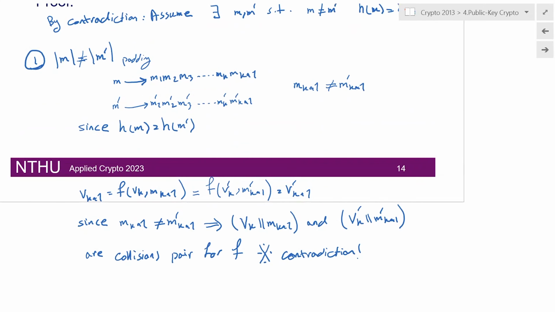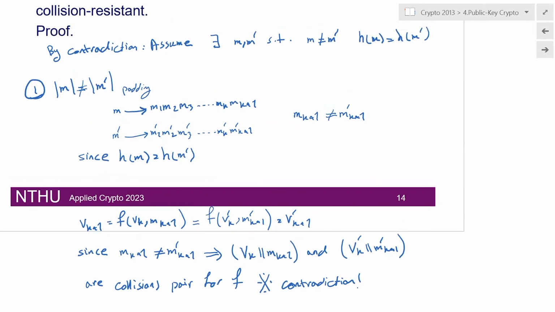So let's review that one more time. We construct our function according to the earlier idea. The first case is that we find two pairs that have a collision, and in this case their lengths happen to not be the same. If that is the case, we do the padding, even though the intermediate blocks could be the same or not.